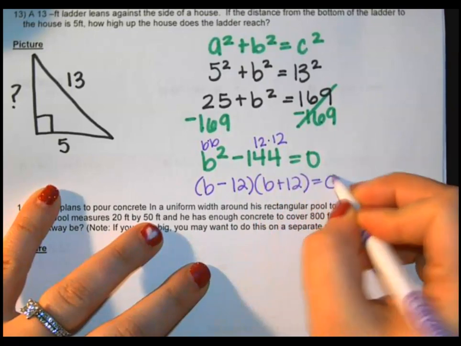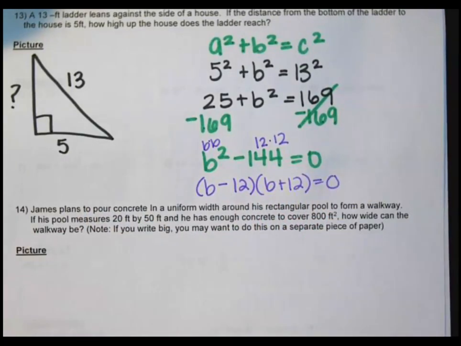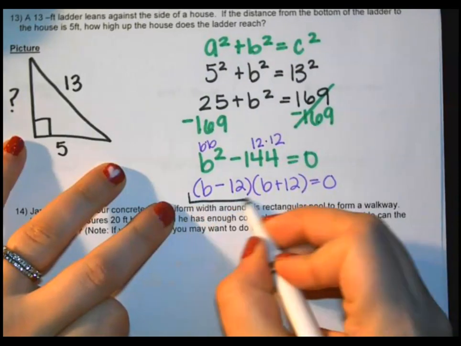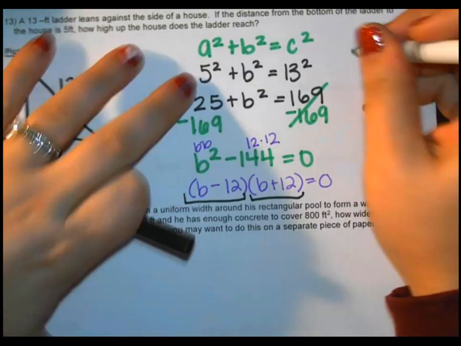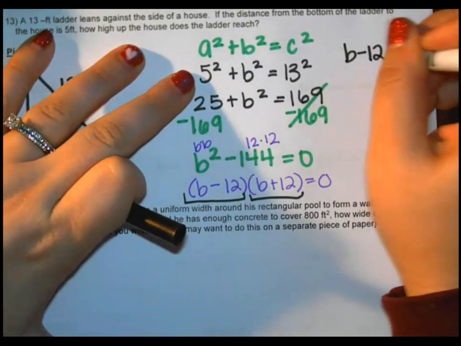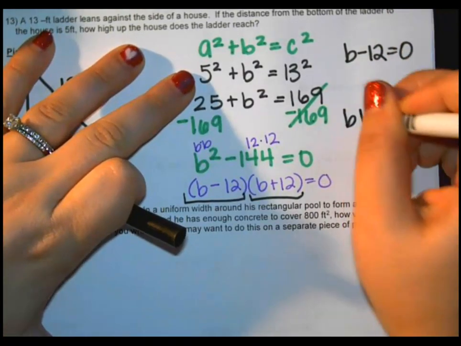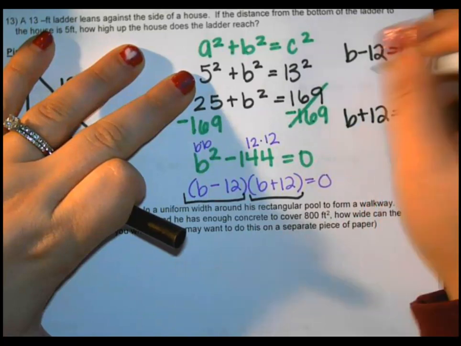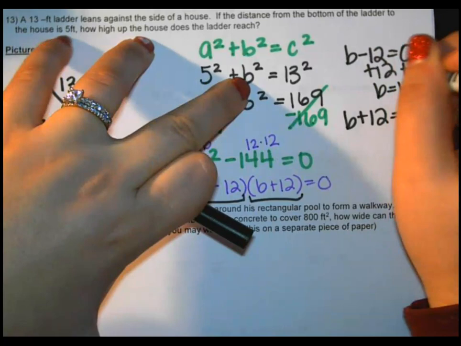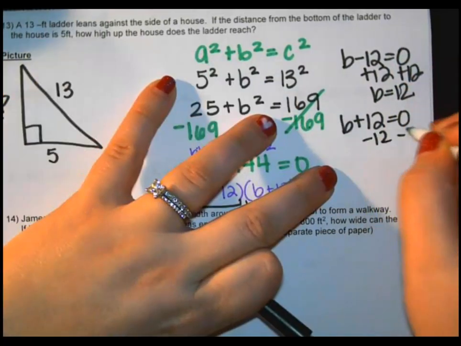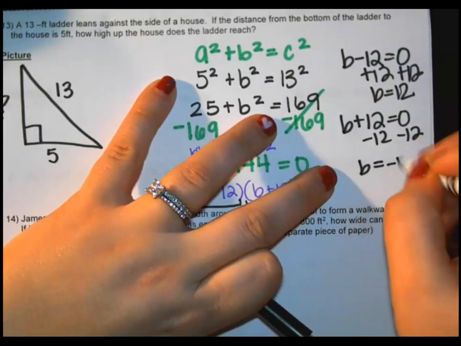And then once our equation is in factored form, we let each factor equal 0 and solve the equation. So we would get b minus 12 equals 0 and b plus 12 equals 0. And we would get b equals 12 as a solution. And we would get b equals negative 12.